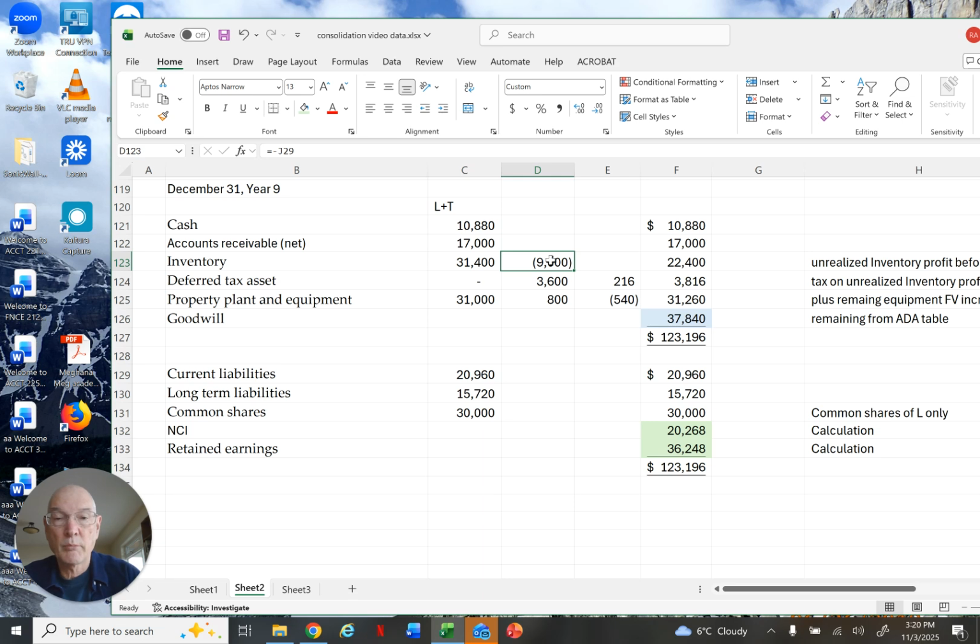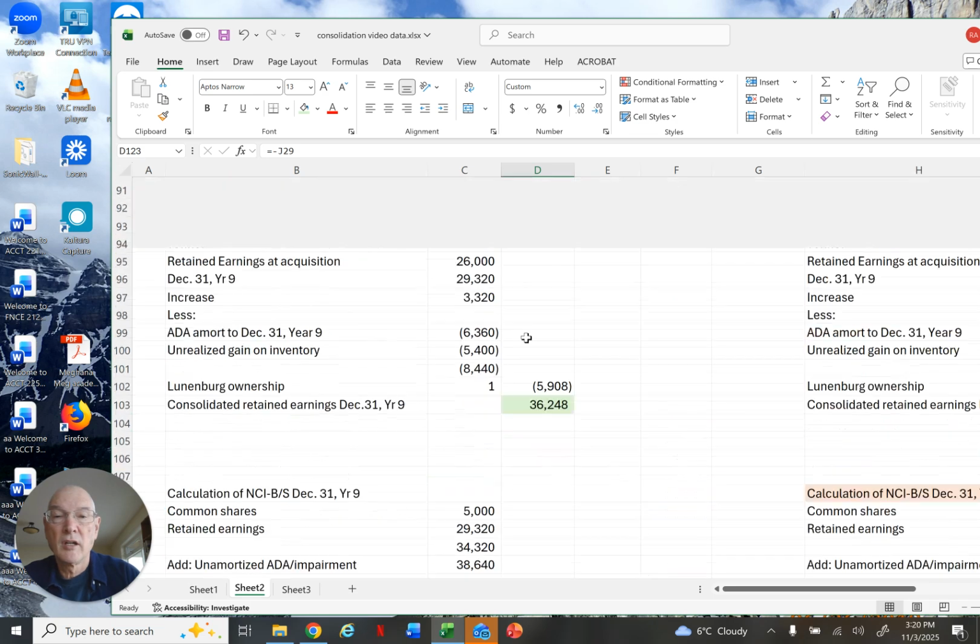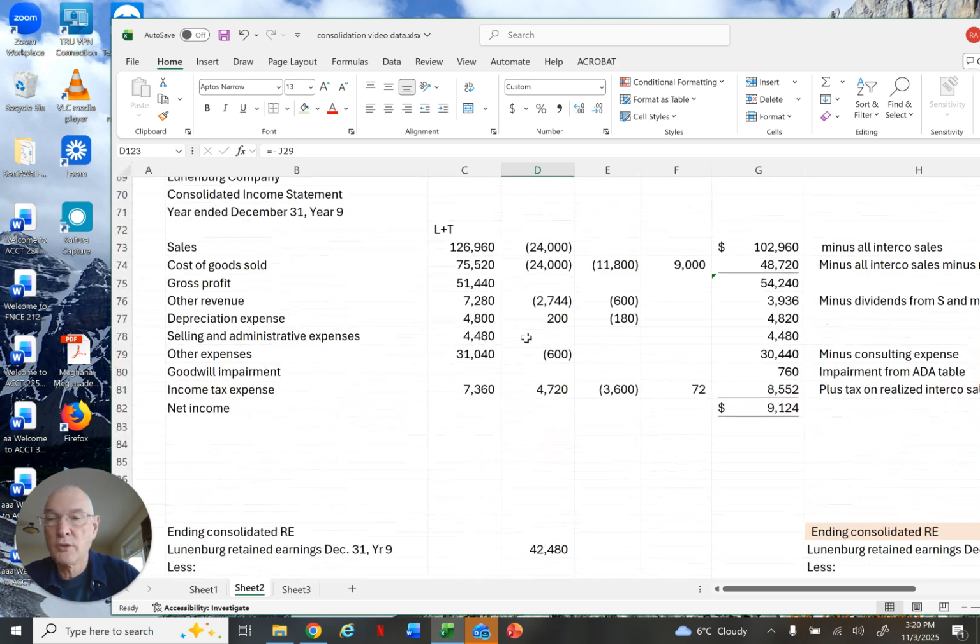And this number here corresponds to this number here, cost of goods sold. So as you figure out these consolidations, I'd like you to see really clearly, I hope, the pattern that we're following.